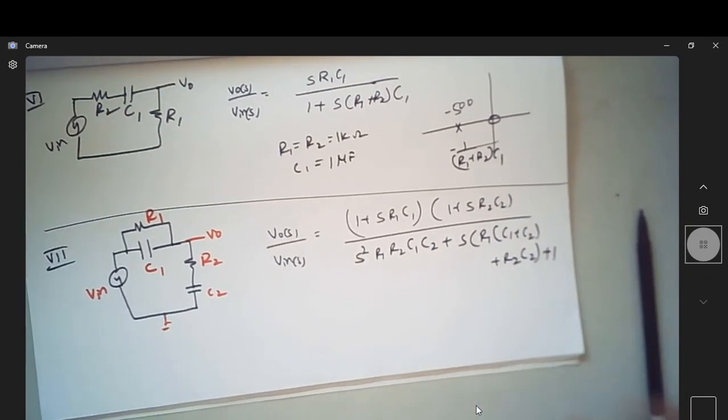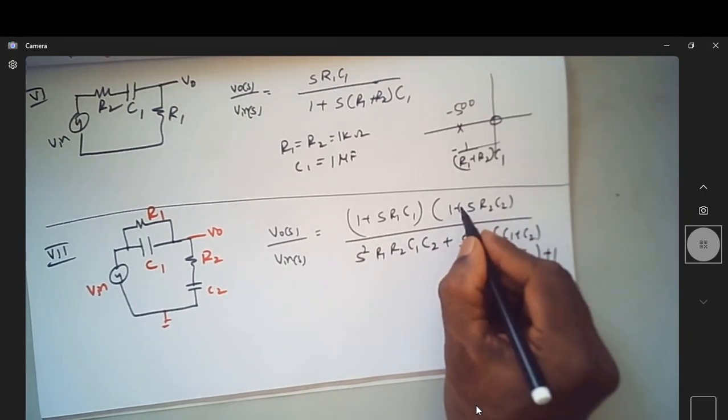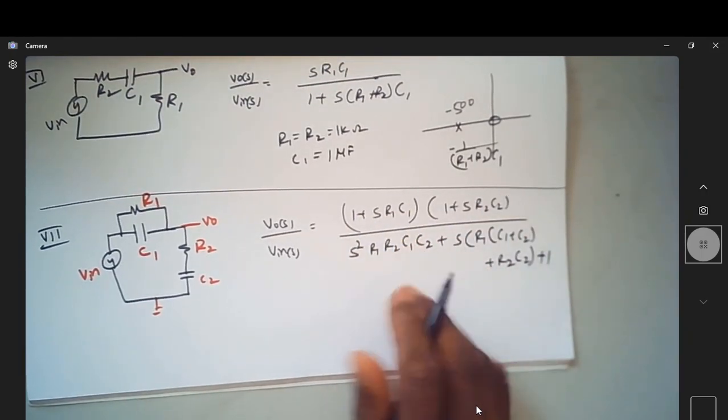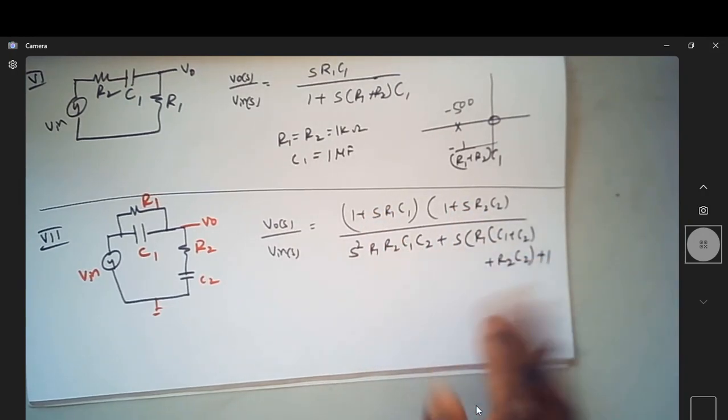This is the transfer function. From this we can clearly know that there are two finite zeros and two poles.